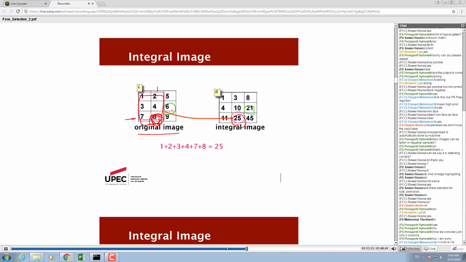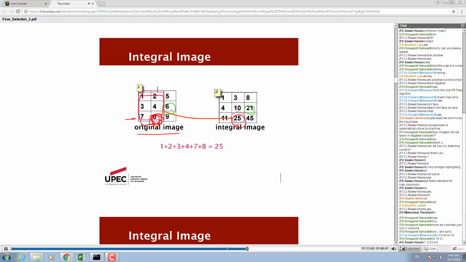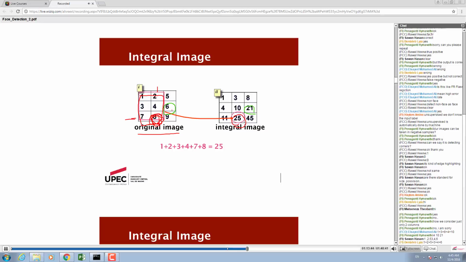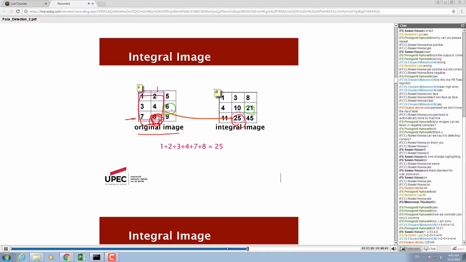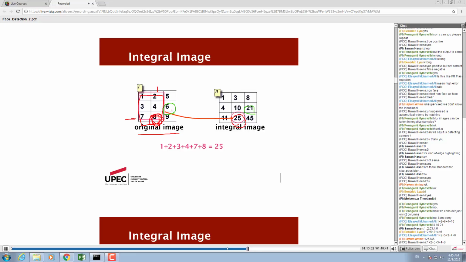Now we are at the position 6. It is calculated using the original image, not from the integral image. Yes, exactly.